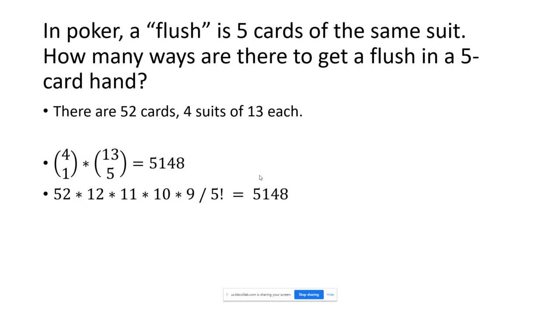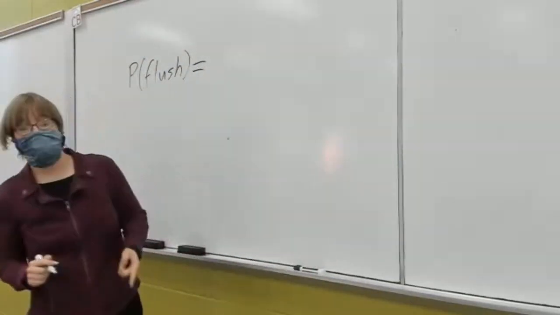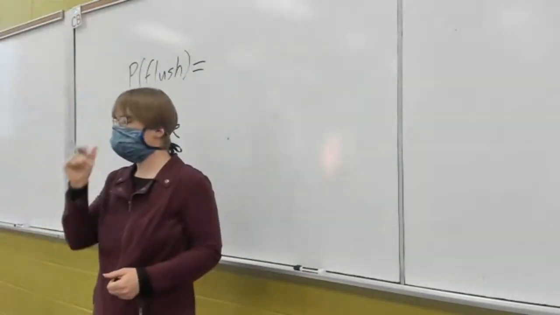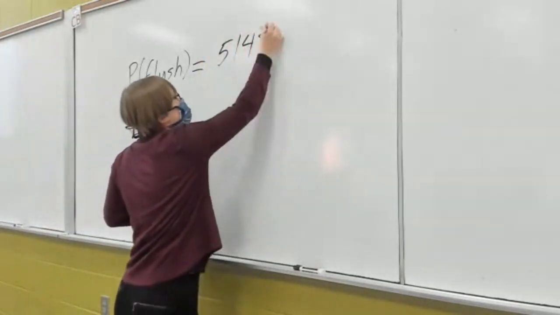Questions about this? So now if we wanted to know the probability of getting a flush in 5-card poker, this number of ways of getting a flush is going to be our numerator, 5148.